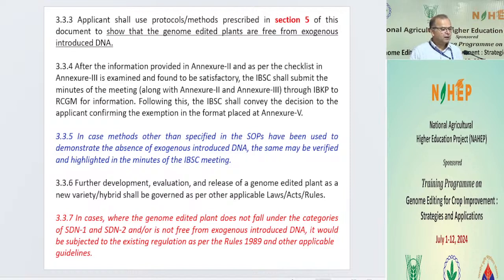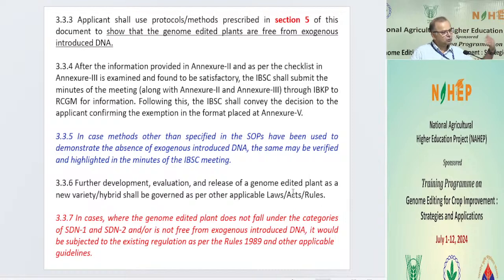So again, for import and export, similar kinds of rules, similar kind of information are to be provided to the IBSC. They will look into it. So suppose you are importing a plant which is genome edited, and your experimental plan is to use that line for subsequent transfer into your choice of cultivars.